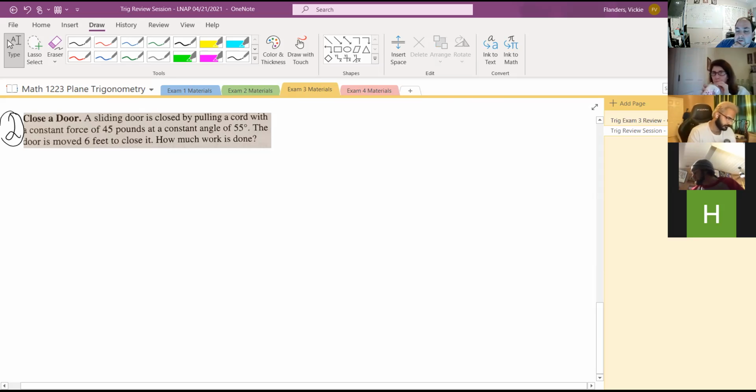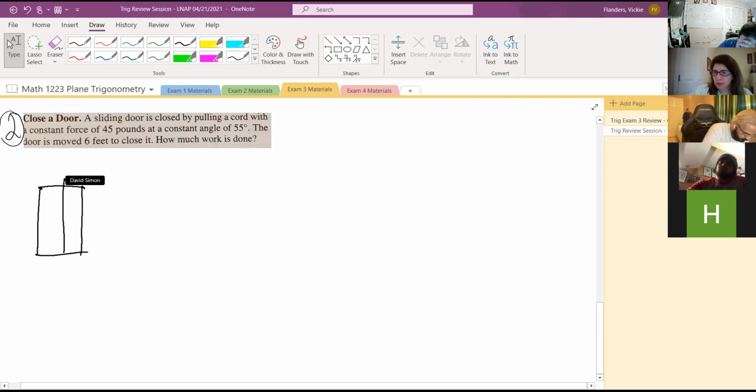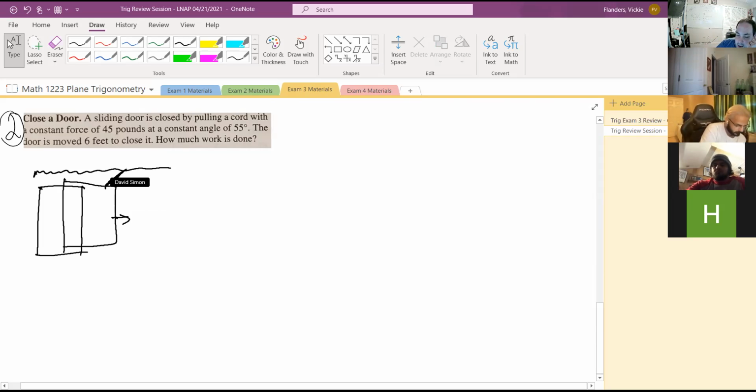I'm just trying to picture what's going on here. You've got this sliding door, sliding this way, and there's maybe some sort of railing system up here that the door is attached to, in such a way that something's being pulled here. That means the force is acting at this angle, which is the 55 degrees.